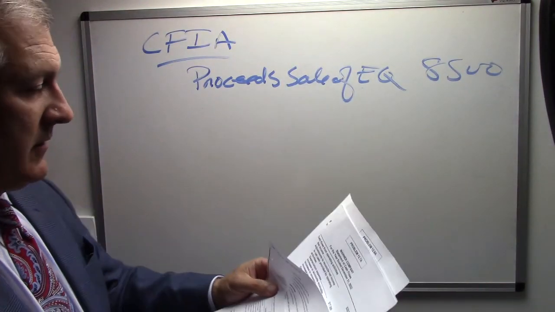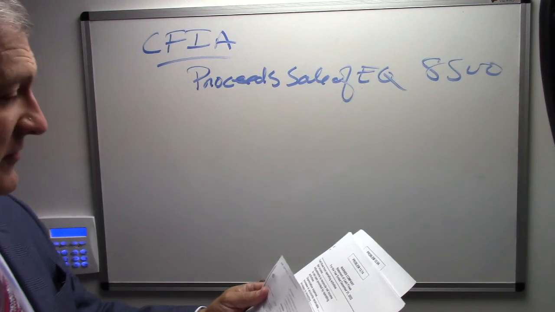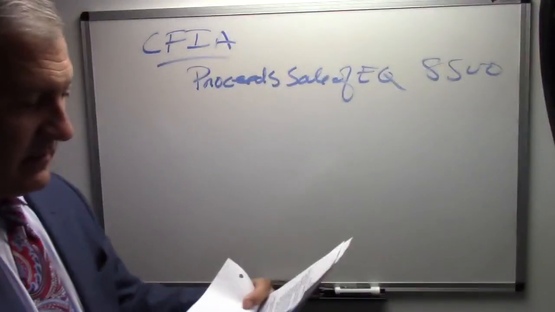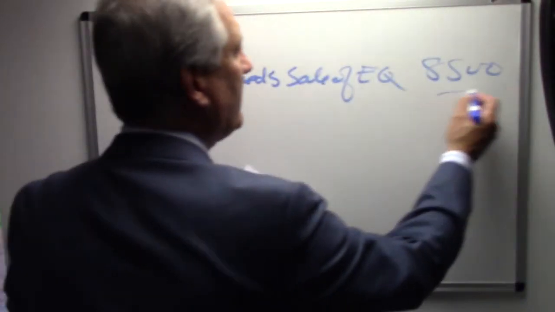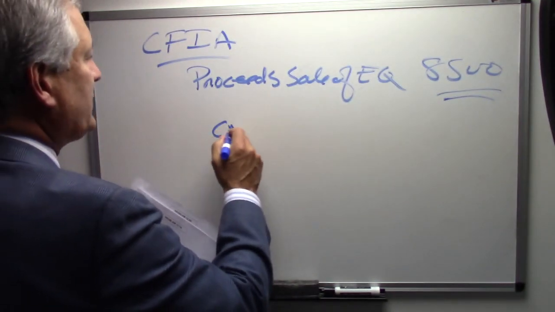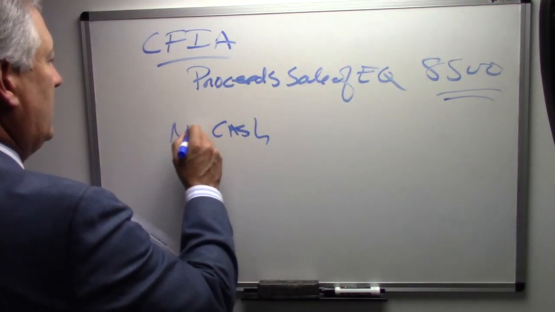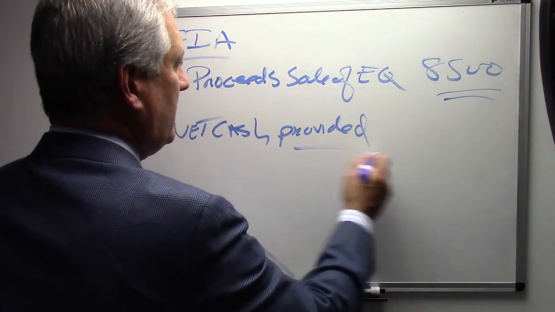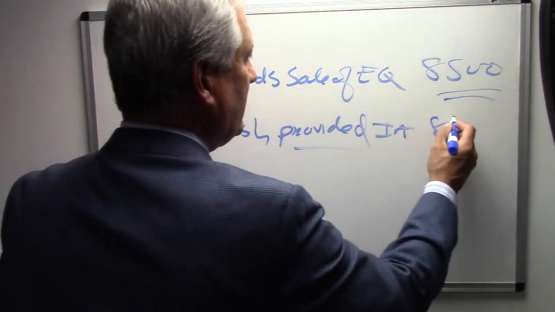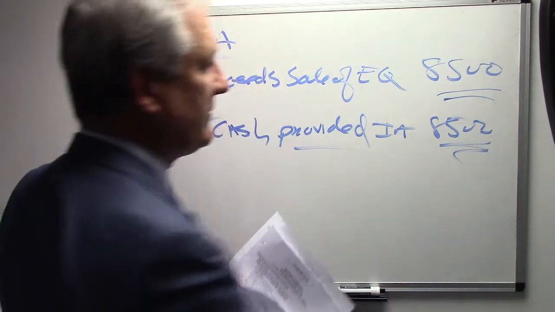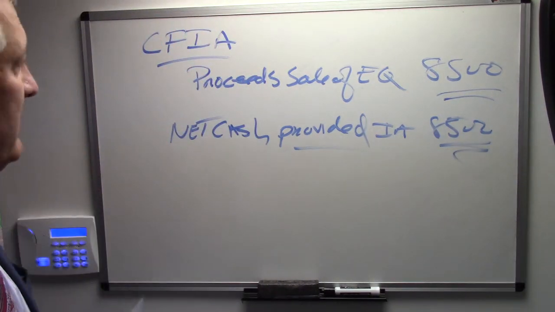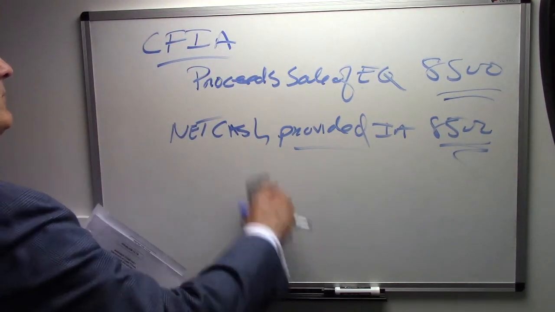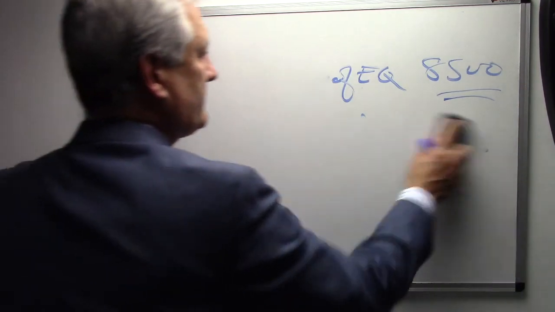We see no other purchases going on. That's the only item we have. So we have net cash provided by investing activities, $8,500. That's it. There's only that one piece of information. Next section.